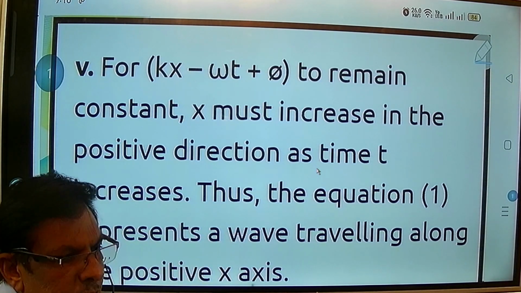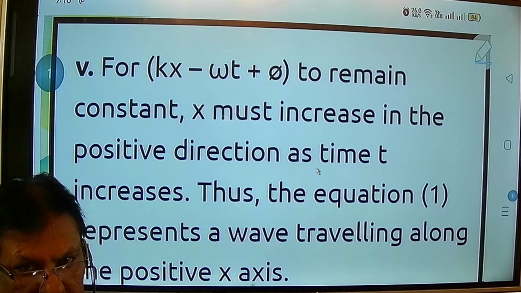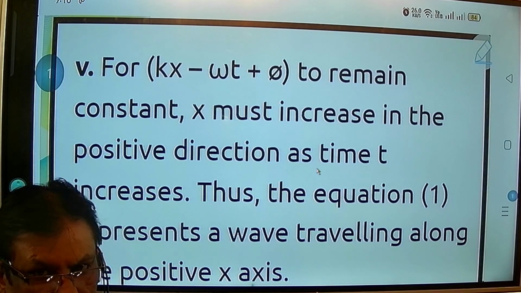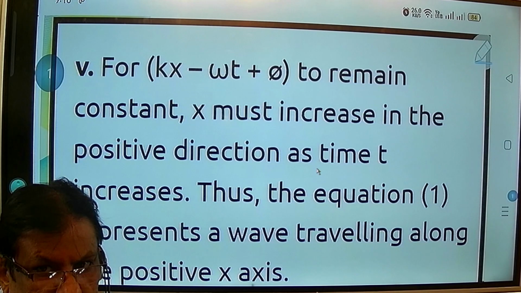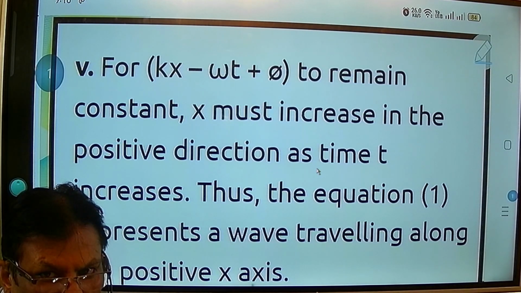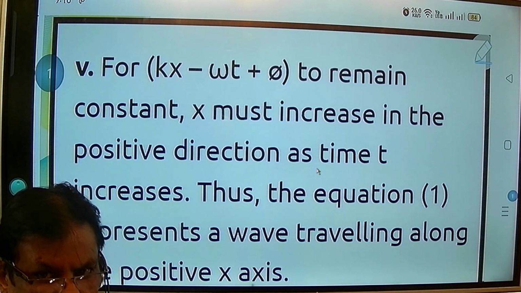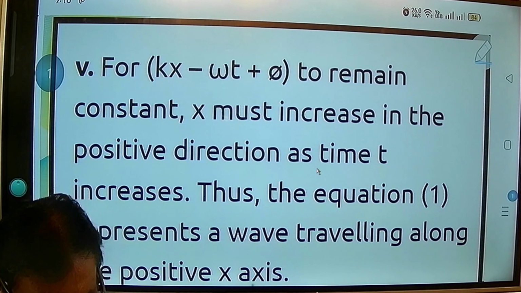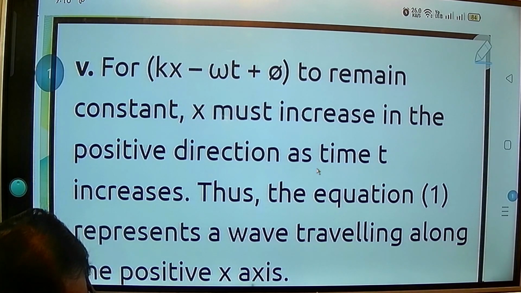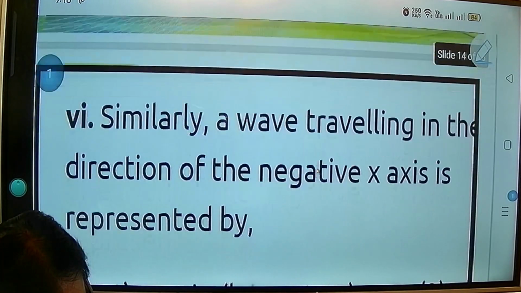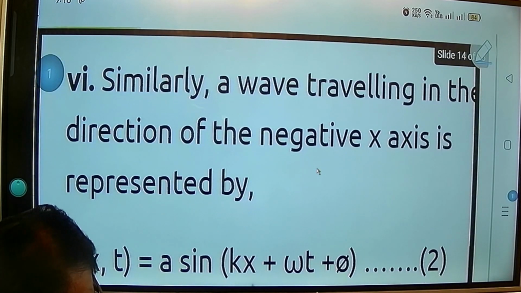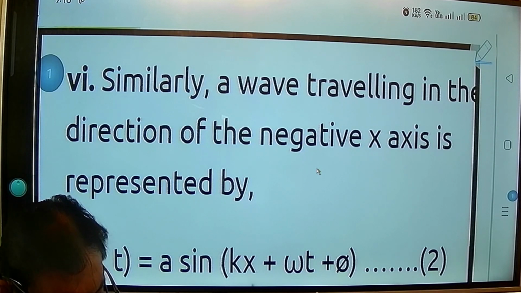So the meaning is clear: the equation represents a wave traveling along the positive direction of the x-axis. This is how, step by step, we explain the expression of a wave.